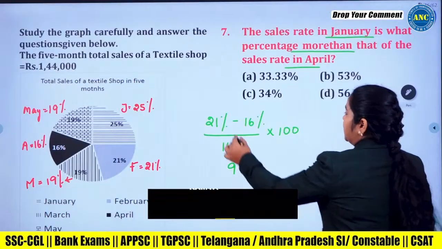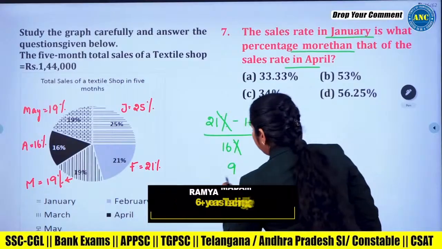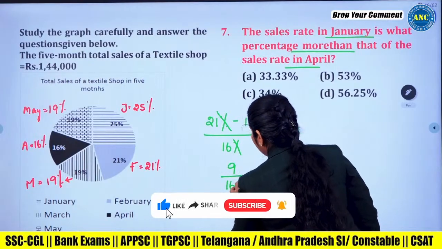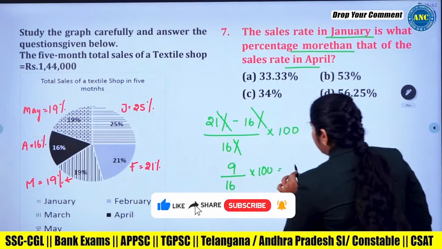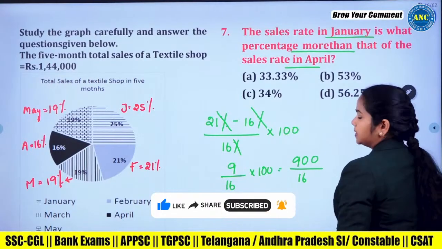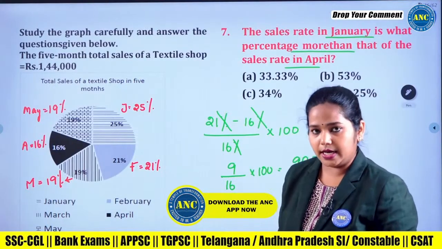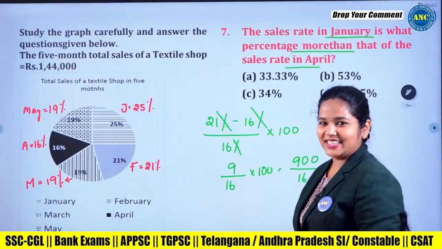Percentage out: 9 by 16 into 100, or it's 900 by 16. Done? Clear?